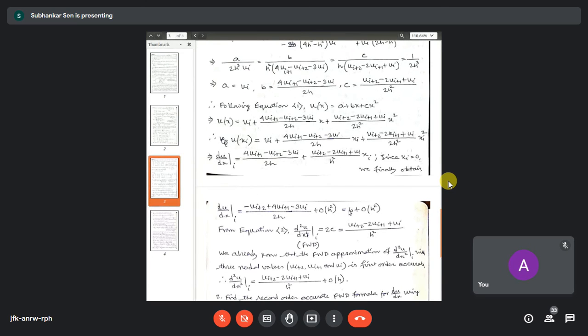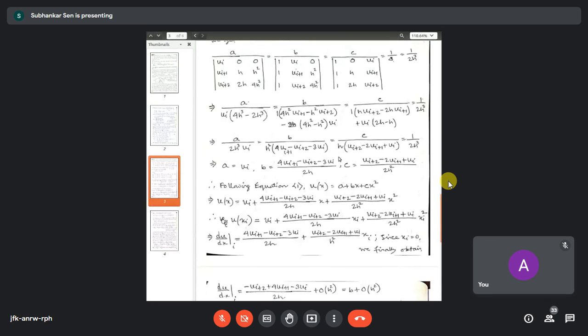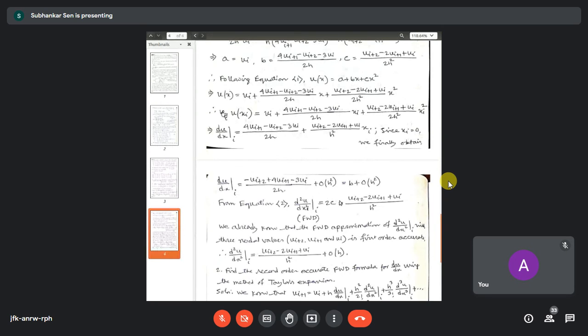So du/dx equals b, and when you go for the second derivative, d²u/dx², it will be 2c. So this is a constant. Here d²u/dx² will have two terms. This is also a forward difference formula because we are moving in the forward direction with respect to the ith node. This expression you already know.